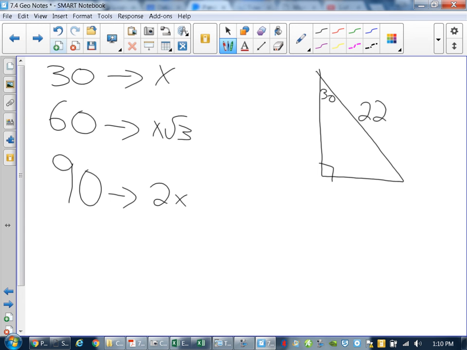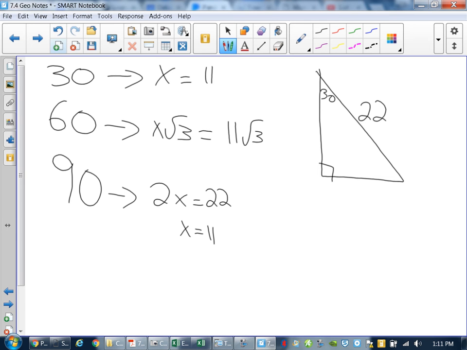The 90. Across from the 90 is equal to 2 times x. Well, in this case, that 2x is playing the role of the number 22. So we set it equal to it. What is x? 11. Which means everywhere I see an x now, I replace it with 11. So across from the 30 is 11, and across from the 60 is 11 root 3.